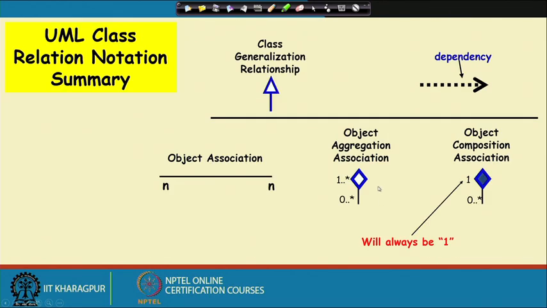So, this is the summary of the notations we have so far seen: the generalization relationship, dependency, association, and this is the multiplicity we write on the association and the name of the association on the association line, the aggregation relationship, composition relationship, and here always we have 1, whereas here it can be 1 to star.